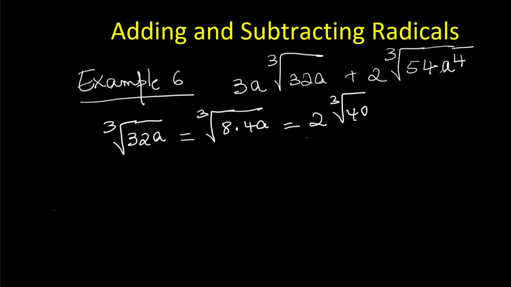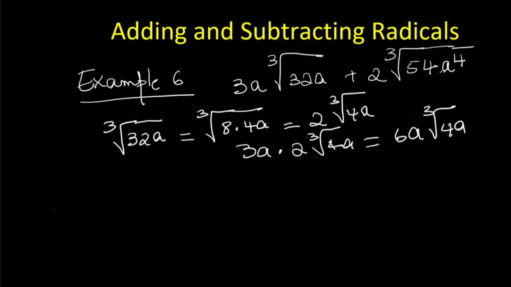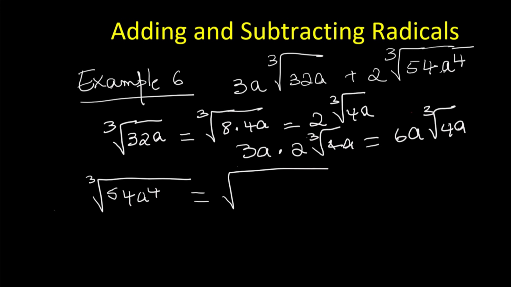Now multiply by 3a. 3a times 2 times the cube root of 4a equals 6a times the cube root of 4a. Second term, the cube root of 54a to the 4th power can be rewritten as the cube root of 27 times 2a cubed times a. The cube root of 27 is 3, and the cube root of a cubed is a. So this simplifies to 3a times the cube root of 2a.